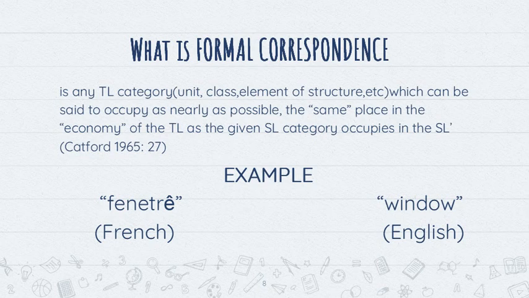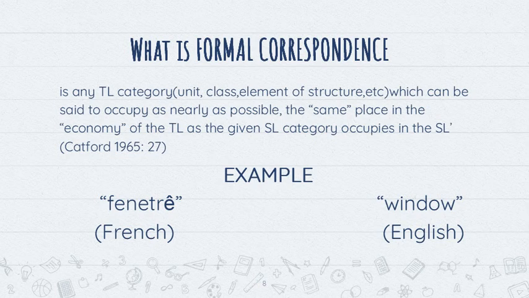A formal correspondent is any TL category which can be said to occupy as nearly as possible the same place in the economy of the TL as a given SL category occupies in the SL. For example, a noun such as fenêtre in French might be said generally to occupy similar place in the French language system as the noun window does in English.